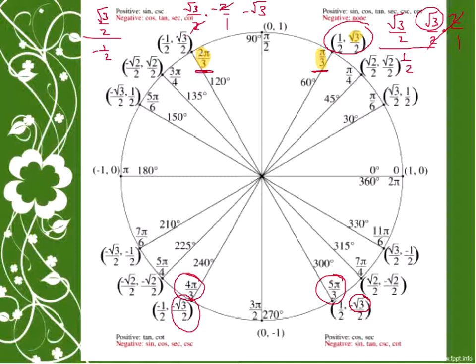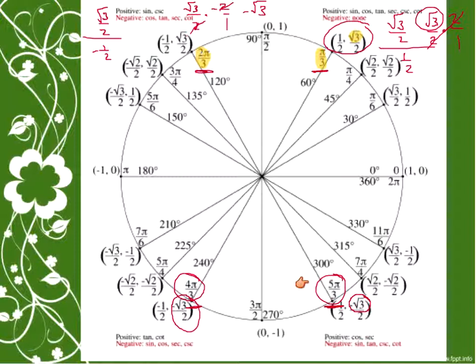Pi over 3, 2 pi over 3, 4 pi over 3, 5 pi over 3. Is everybody okay with how I have four possible solutions from my unit circle? Yes, no, maybe so? Okay, so I have 4 possible answers from my unit circle.